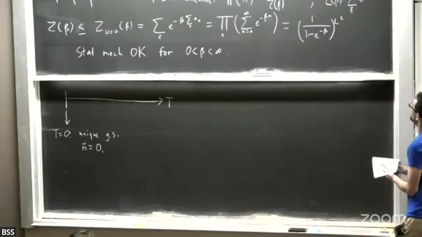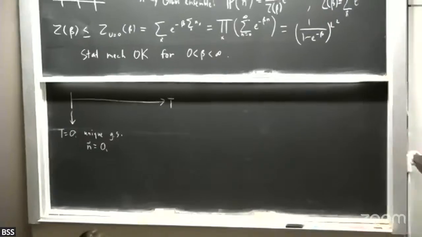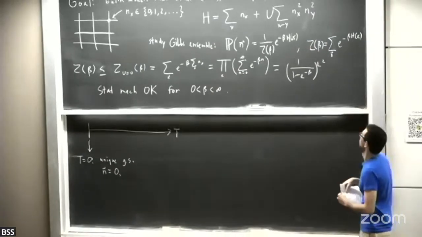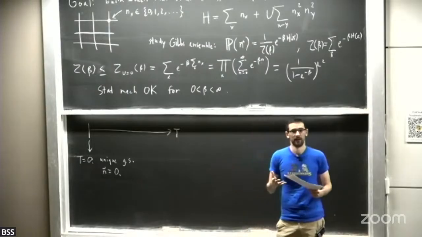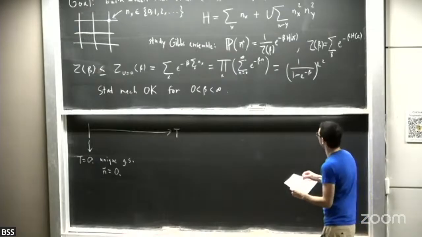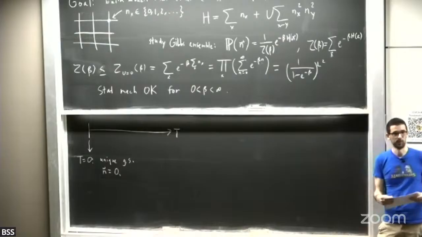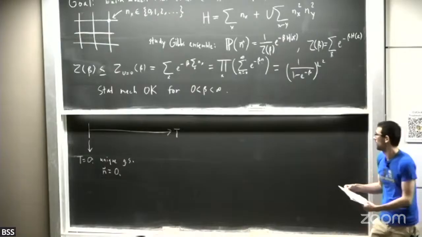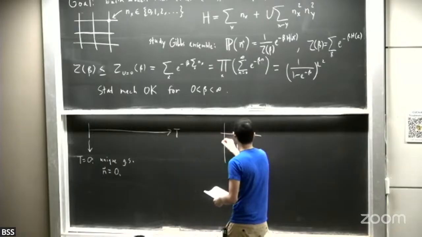You see that at high temperature, we would probably want to have a large number of particles, at least on average, because we have this huge configuration space to explore. So we're going to have a lot of particles in this lattice. And we know that from this U term, it's going to be very energetically costly to put them next to each other. So let's ask what the implications of this are.